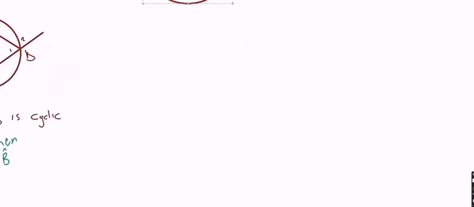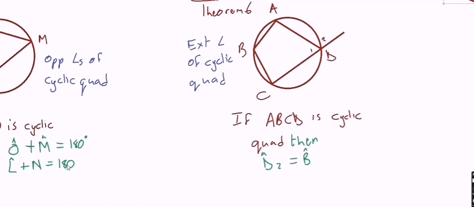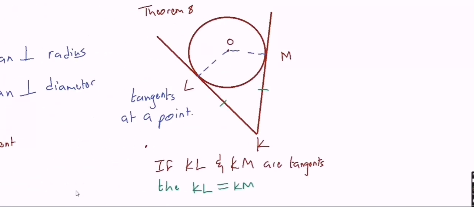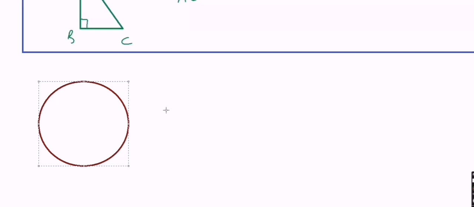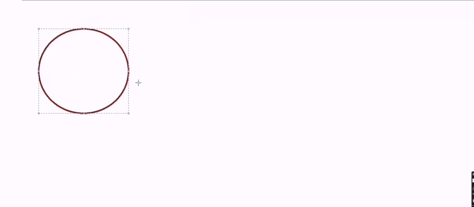So I think we were on theorem what? 8, so we are moving on to theorem 9. In this case, I said I want our theorem 9 to be the tan chord theorem. So let's talk a little bit about the tan chord theorem.